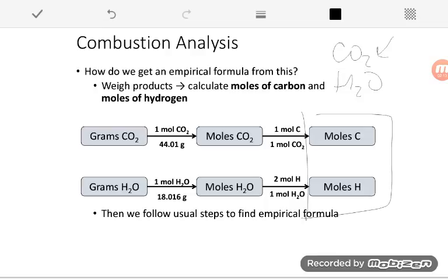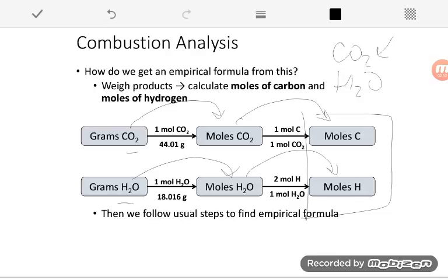So we're going to weigh our products and then do a simple two-step process to turn our grams of either CO2 or H2O into moles of each compound. And then we can look at the element-to-compound ratio and figure out how many moles of carbon or how many moles of hydrogen.